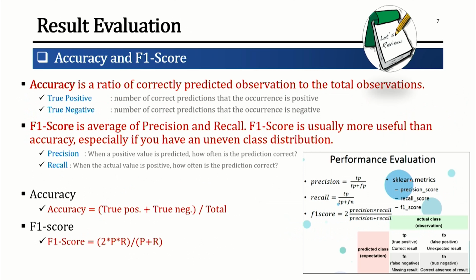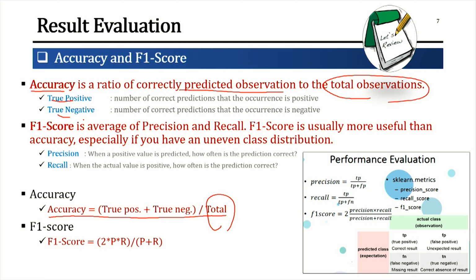And what are accuracy and F1 score? Basically, accuracy is the ratio of correctly predicted observations to the total observations. It is about whether our prediction is correct or wrong, and then we sum them up and divide by the total actual values. So we will see some related terms, true positive and true negative. What is true positive?